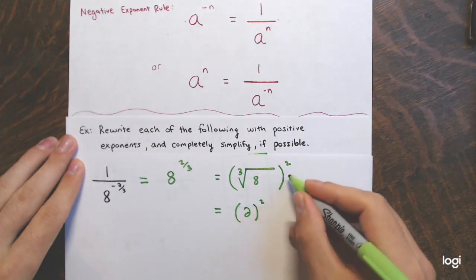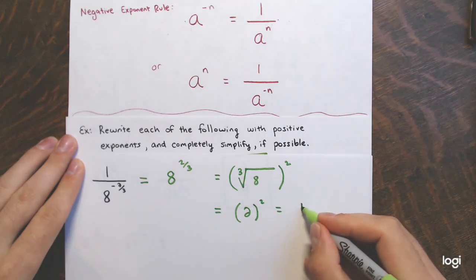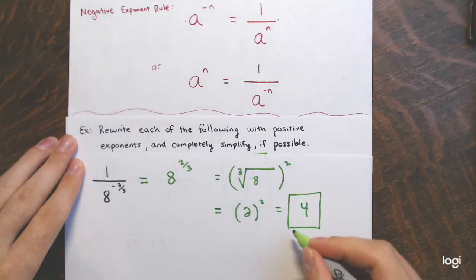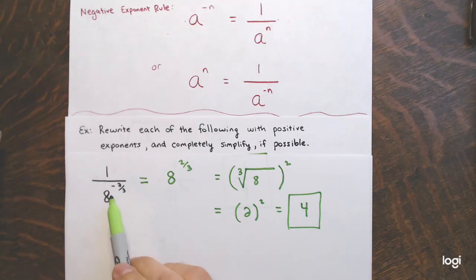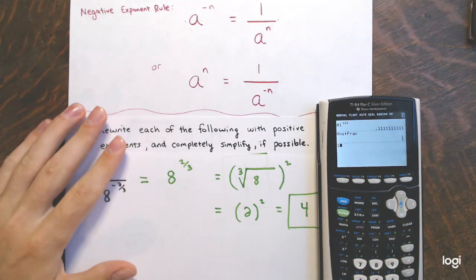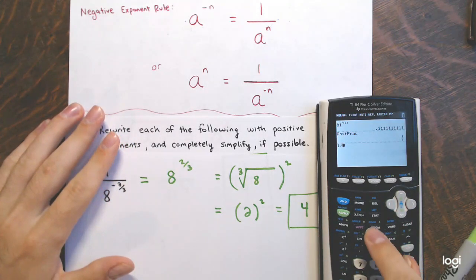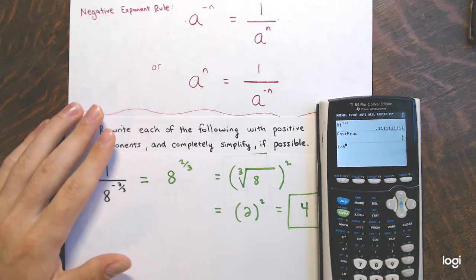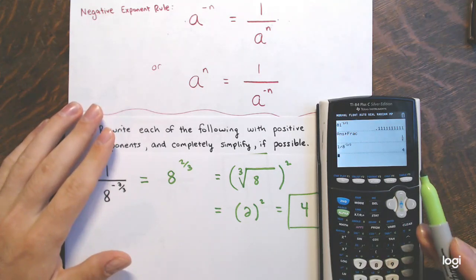And then what's 2 squared? 2 to the second, that's 4. So the value of 1 divided by 8 to the negative 2/3 should be positive 4. Let's see that work out here. So 1 divided by 8 raised to the negative 2/3. You're seeing the number 4. Wonderful.